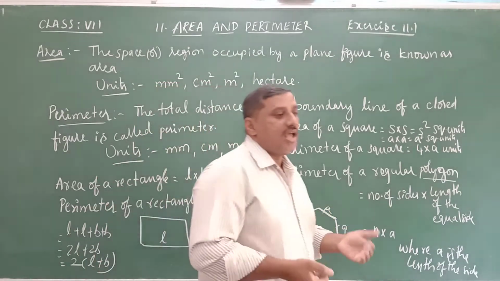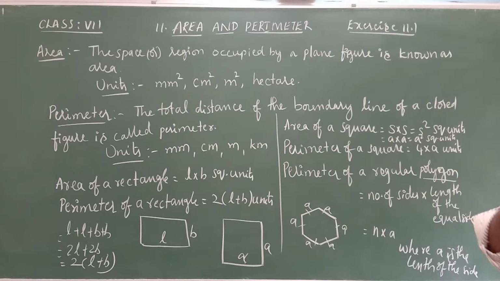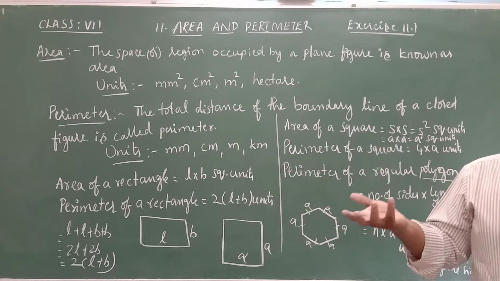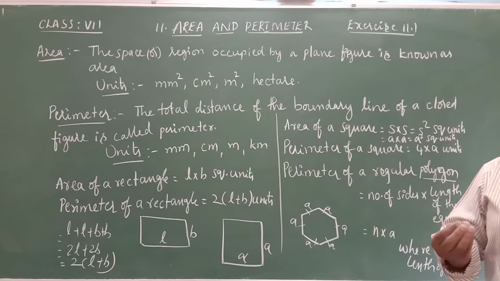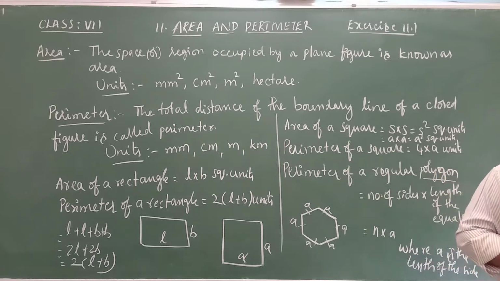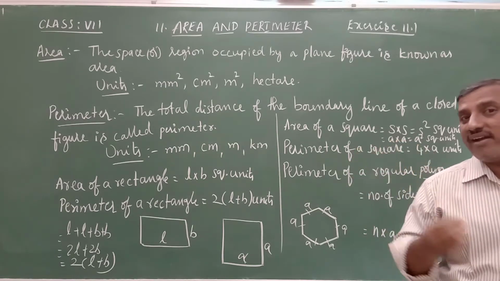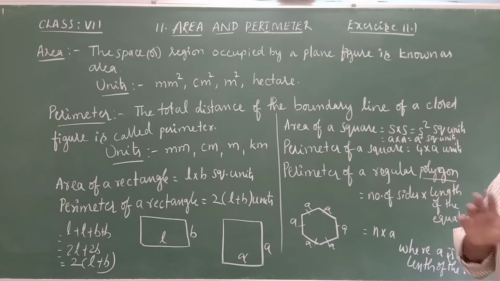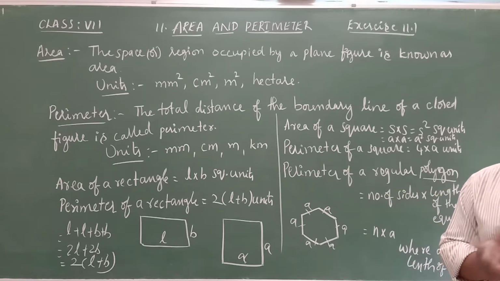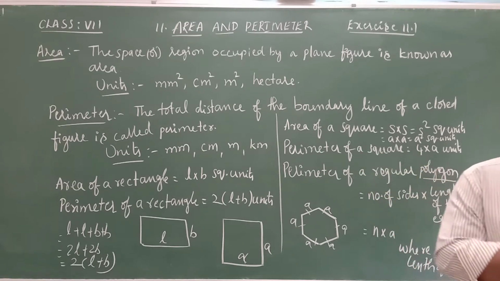Its perimeter is 6 into A. Regular pentagon, it has 5 sides, 5 into A. A regular triangle, what is a regular triangle? It is an equilateral triangle. In an equilateral triangle, all the 3 sides are equal and 3 angles are equal. So the perimeter of an equilateral triangle is 3 into A, as it has 3 sides and each side is equal in length. Therefore 3A. So this is about what we studied in class 6.